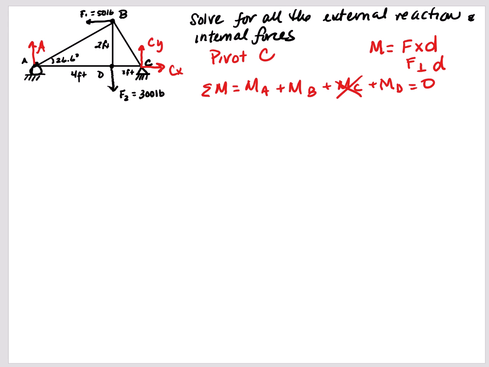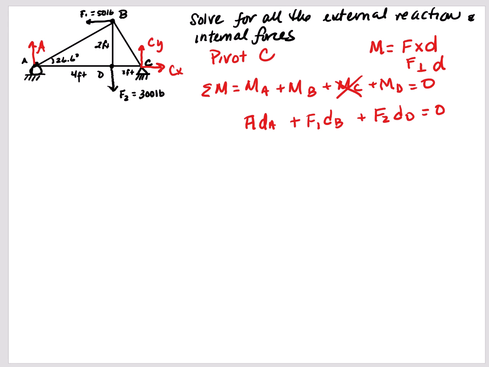So if I have moment A, this could be A times dA, B is going to be F1 times dB, and then at D it's going to be F2 times dD, equals 0.